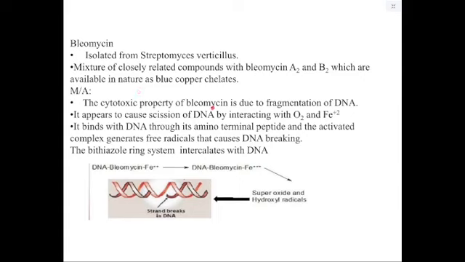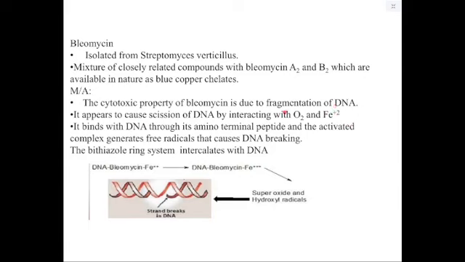The cytotoxic property of bleomycin is due to the fragmentation of the DNA. As we said earlier, most of the fragmentation we discussed occurs by production of radicals or ions that cleave. In this case, it appears to cause scission of the DNA by interacting with oxygen and iron 2 plus.